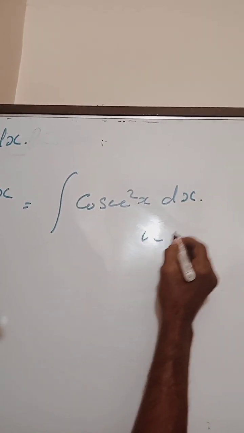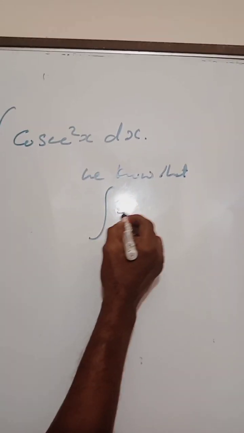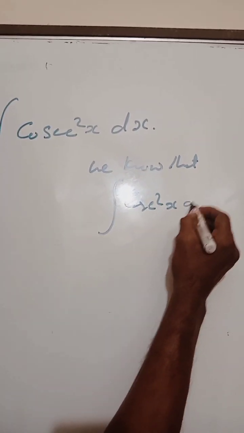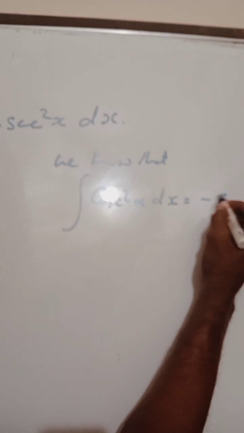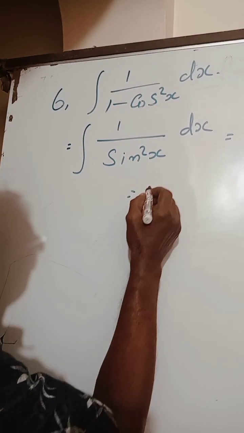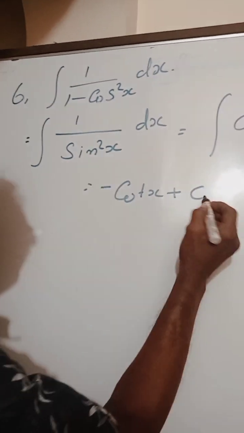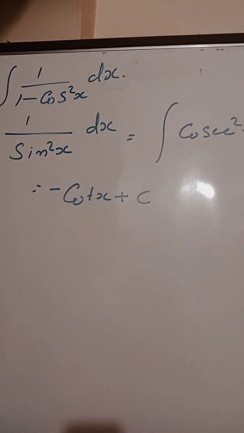But we know that integration of cosec square x dx is equal to minus cot x. Therefore, this is equal to minus cot x plus c, where c is the constant of integration.